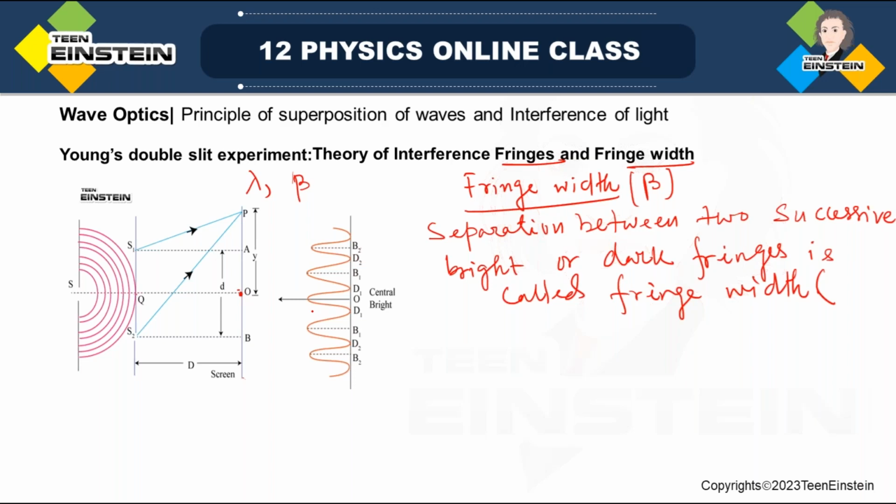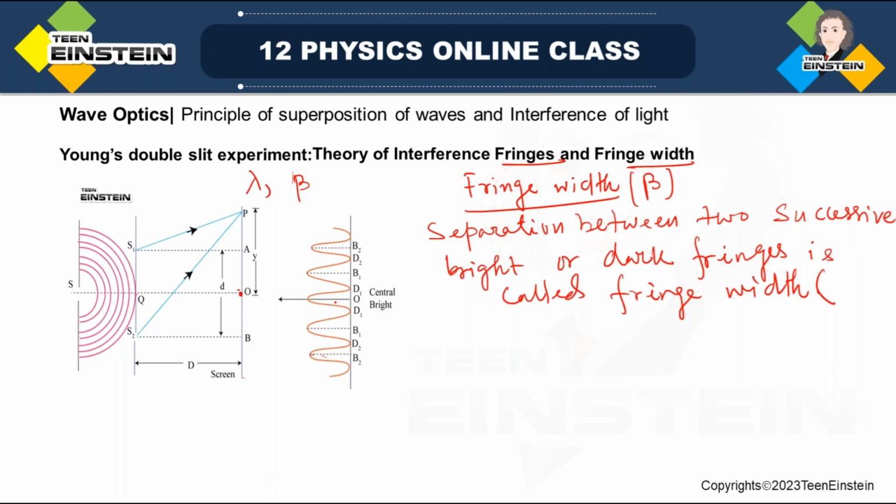All the secondary maxima don't have the same intensity. Minima anyway have zero intensity, but all the maxima will not have the same intensity. But in case of interference, all bright fringes will have the same intensity of light. That is why this is drawn like this.